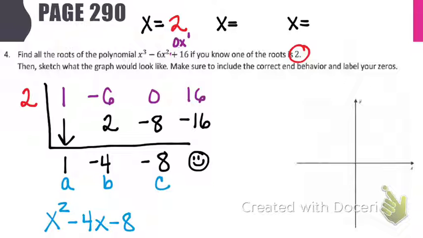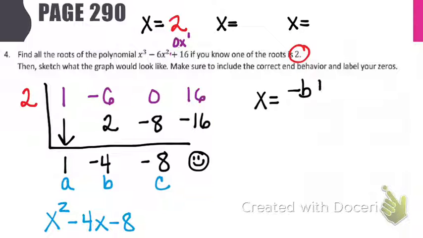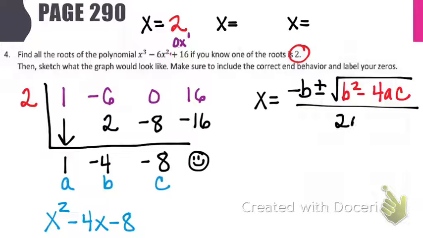So let me write the quadratic formula. So let's start off by finding your discriminant. So b squared minus 4ac. In your calculators, figure out what -4 squared minus 4 times a times c is equal to.